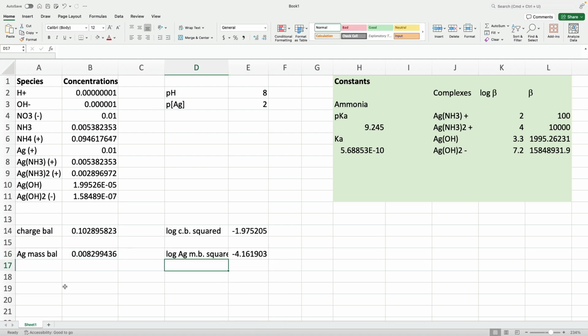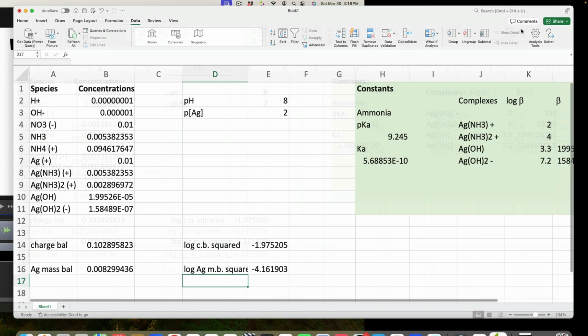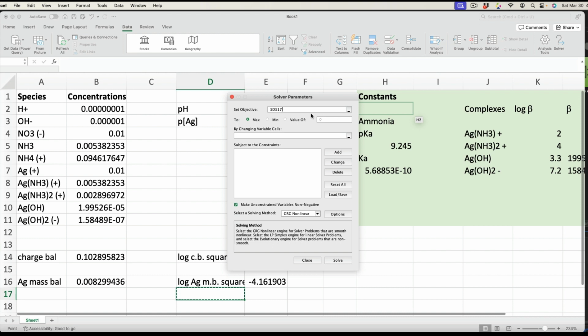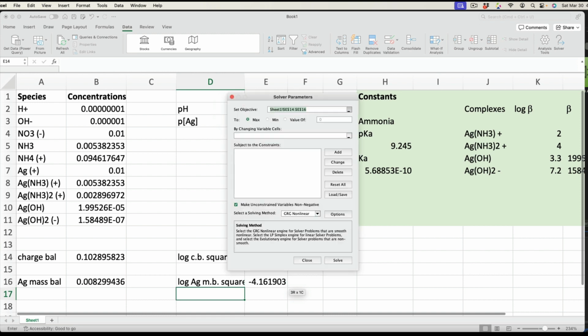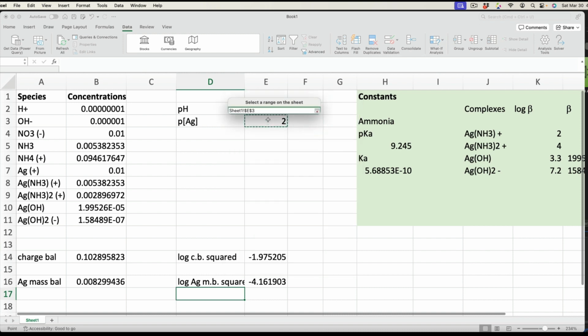So now what we're going to do is use Solver to make these as small as possible by changing these. But we have a problem, which is that if you go to Solver, the objective cell has to be one cell. I can try to put both of these cells in and minimize those by changing variable cells, well, both of these two.